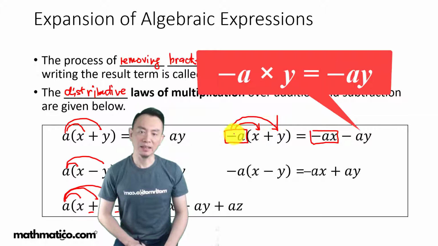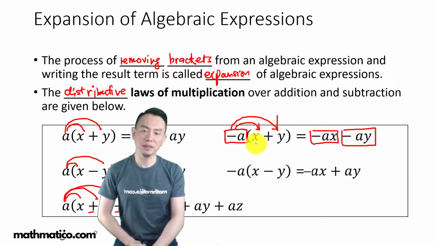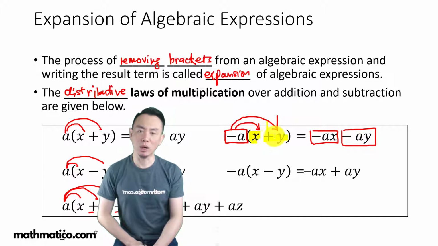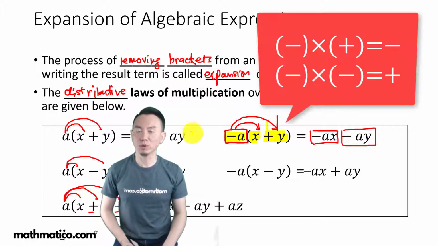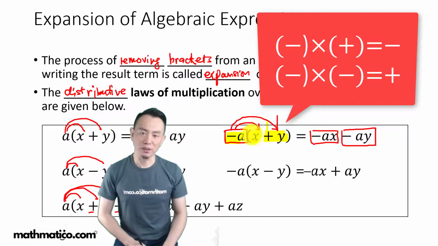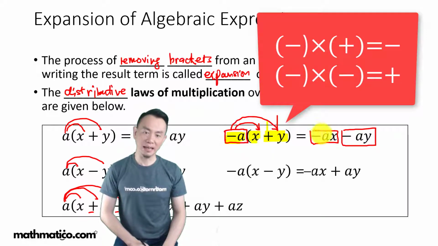And that's negative a times positive y. You have negative ay. Now notice that previously, before the expansion, this x here is positive, this y here is positive. After multiplying by a negative number, both of them will change signs. Positive x becomes negative ax. Positive y becomes negative ay.